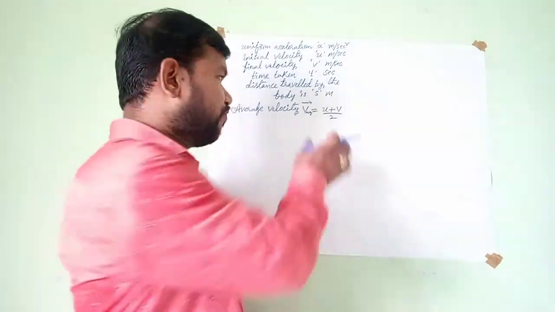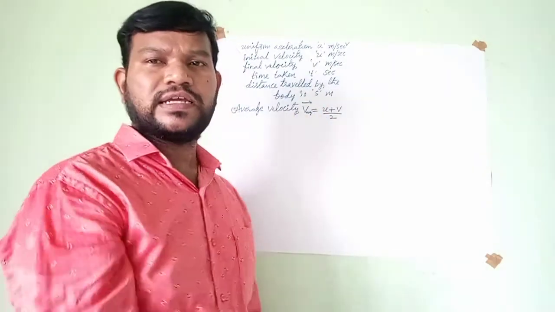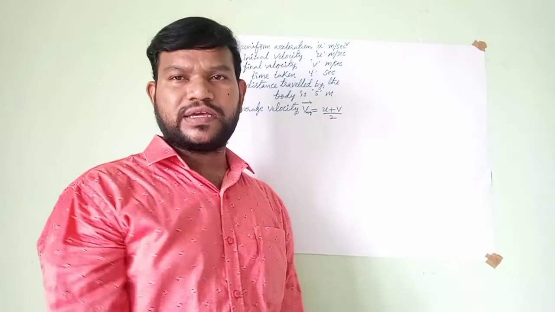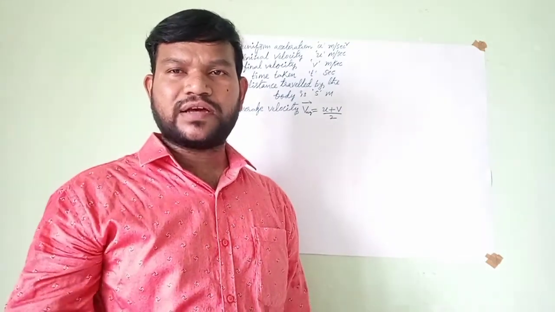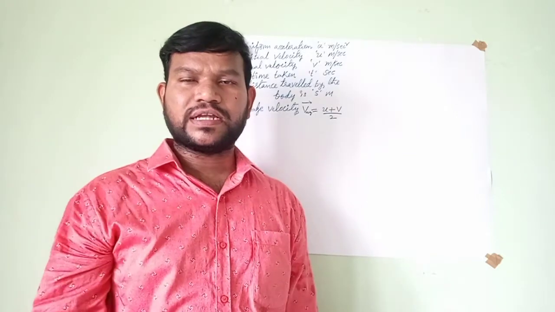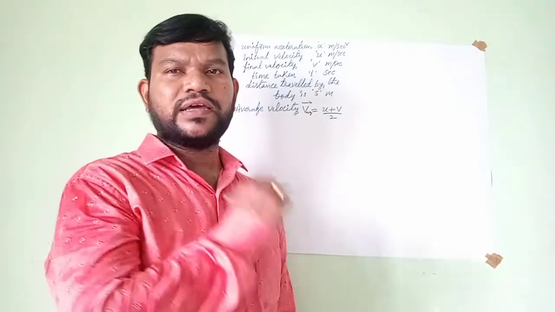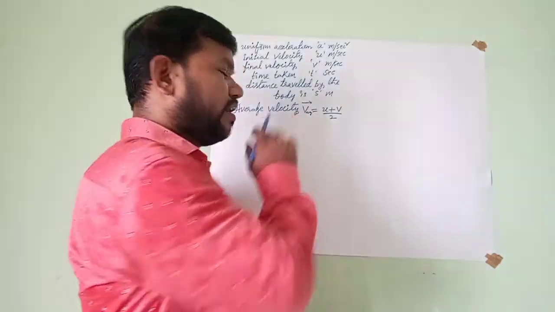Students, remember, if we know this formula, we can easily derive the second kinematic equation. So what is the formula for average velocity? Average velocity is equal to (u + v)/2. Observe clearly, students.